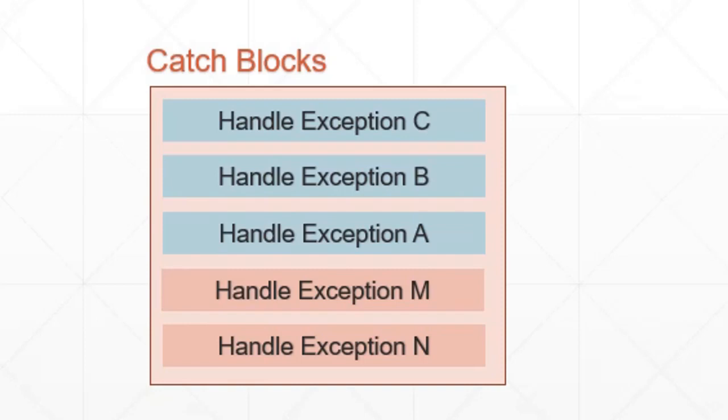So according to this inheritance relation, C is coming first, then B, then A. Since M and N are not in the inheritance relation, they can be placed anywhere. So here they are placed together at the end of the catch blocks, but we can shuffle them anywhere. But C, B, A should be in order.